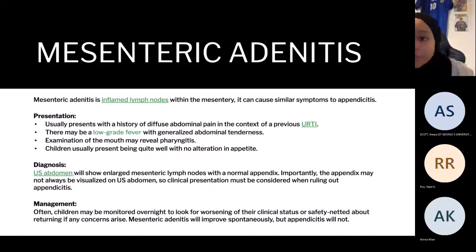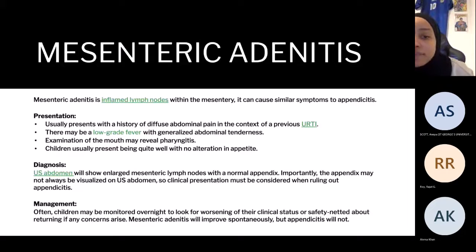Usually it's quite diffuse abdominal pain, and as we've seen in the context of an upper respiratory tract infection, they usually will have a low-grade fever and tenderness that's generalized throughout the abdominal fields.